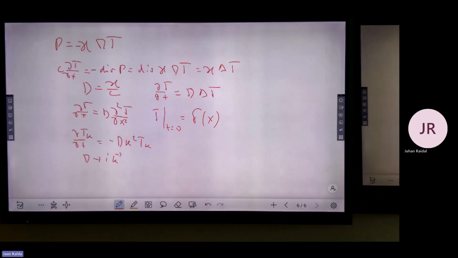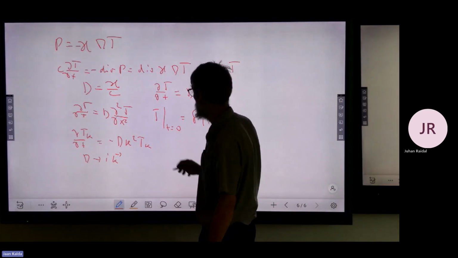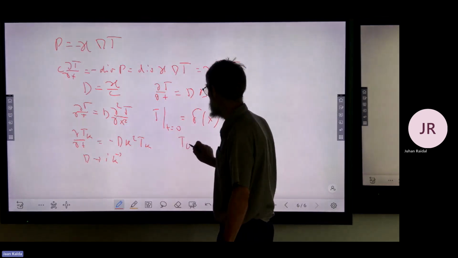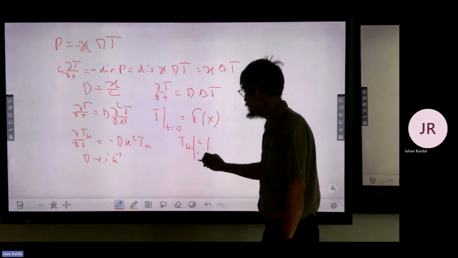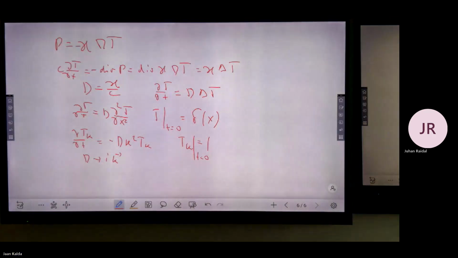And then we have this equation, and we can also take the Fourier transform of the initial condition. We obtain T_k equals 1 at t equal to 0. Initially, all components are ones. And solve it.